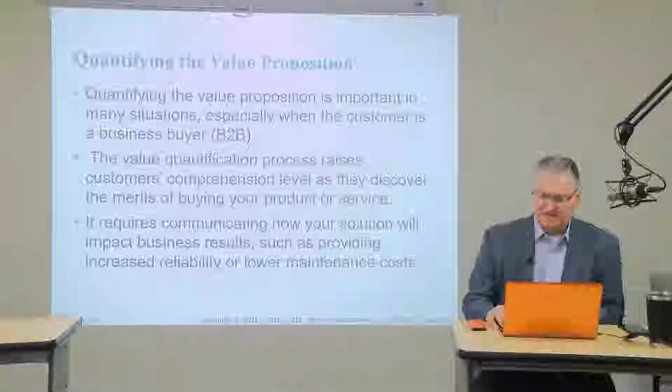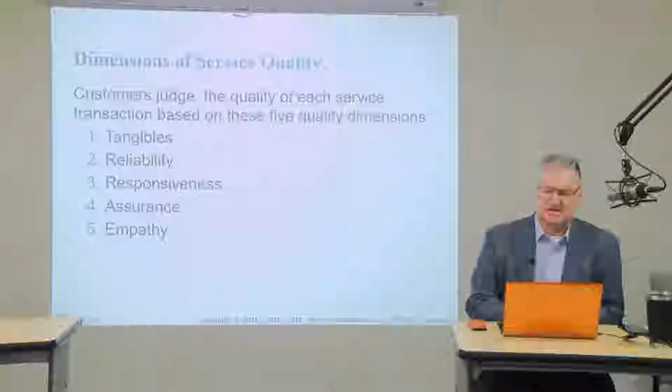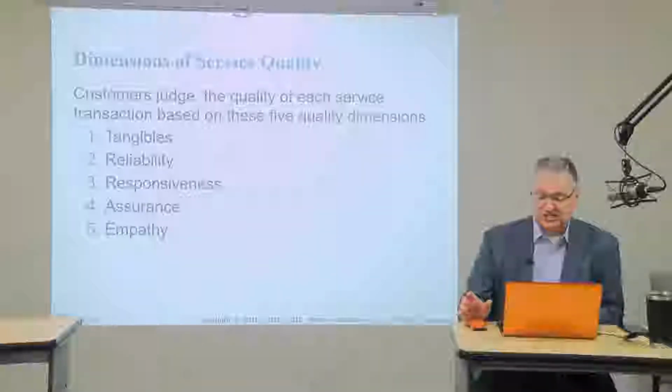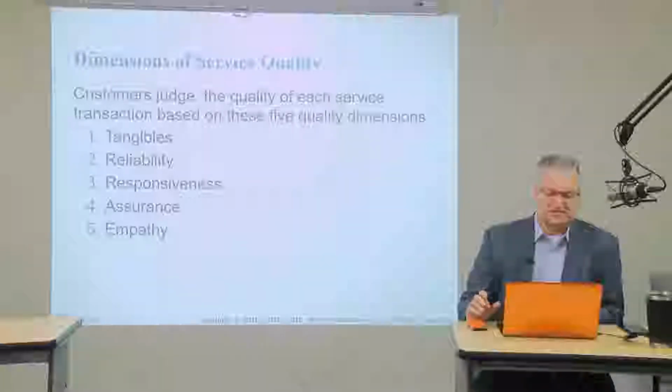So what are some of the dimensions of service quality? So we talk about the 3D product solution selling model, and some of the dimensions of service quality. Customers are going to value or judge the quality of each service transaction based on 5 quality dimensions. They're going to look at the tangibles, so these are things that customers can see, the appearance of personnel, the appearance of the equipment.